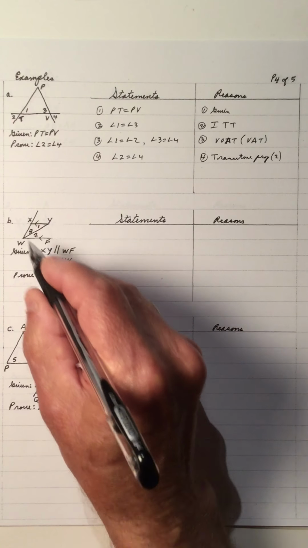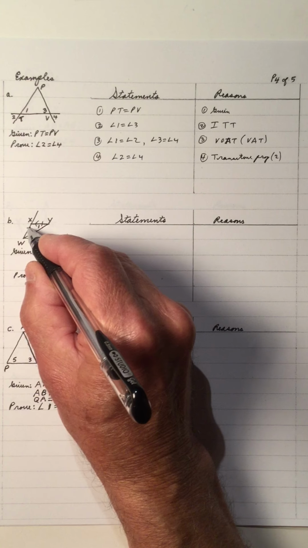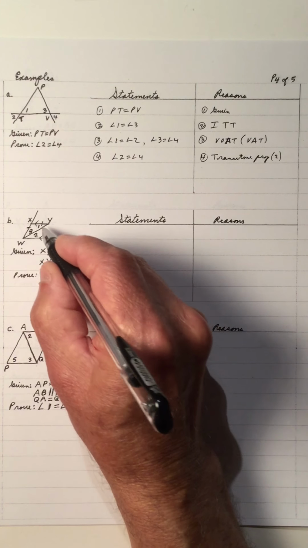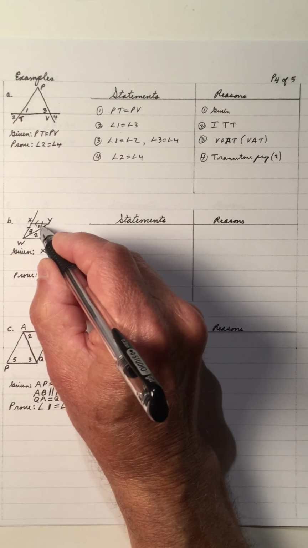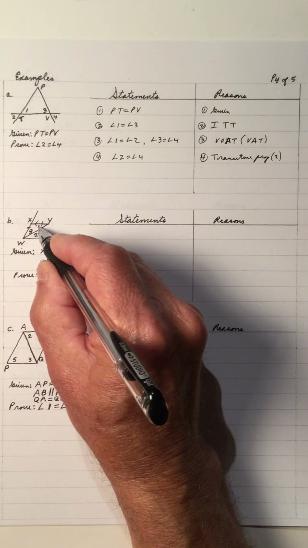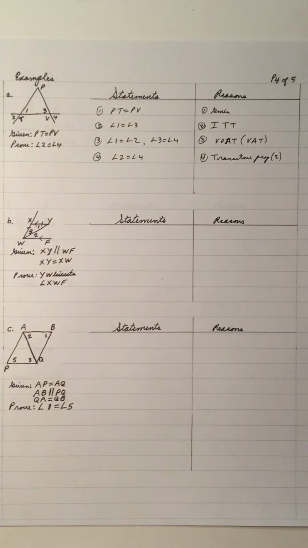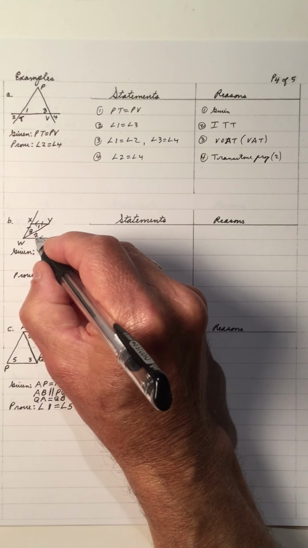Okay, we have XY is equal to XW, mark them with a stroke. That means that these two sides are equal. The angle is opposite, so 1 is equal to 3 by ITT. So if 1 equals 2 and 1 equals 3, it follows that 3 is equal to 2.